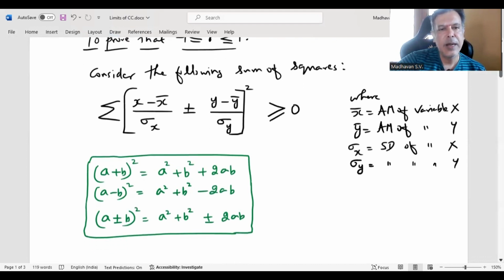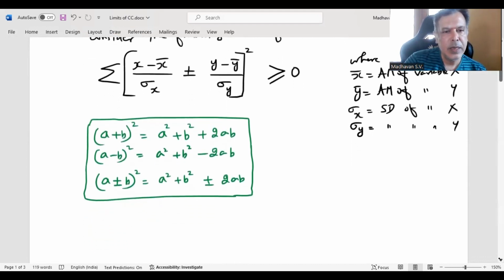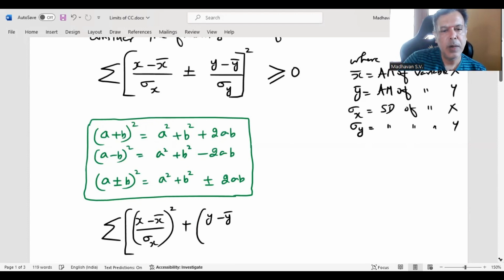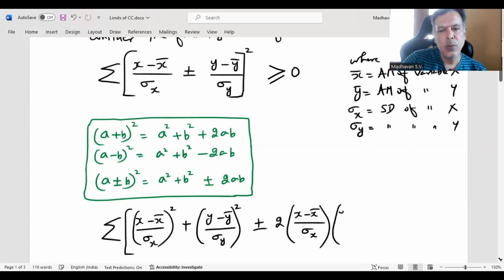Now let me expand the above inequality. So I can write summation, first, x minus x bar by sigma x, the whole square, plus y minus y bar by sigma y, the whole square, then plus or minus 2 times x minus x bar by sigma x times y minus y bar by sigma y.